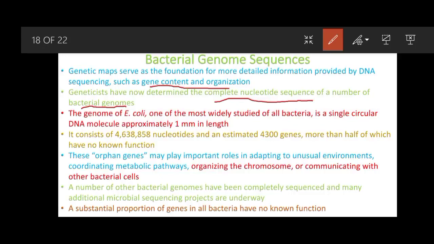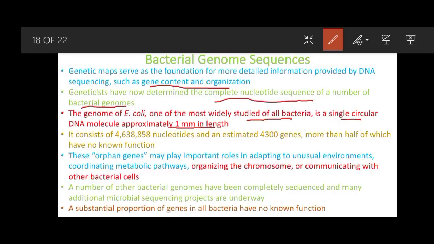The genome of E. coli is one of the most widely studied of all bacteria, and it is a single circular chromosome, a single DNA molecule, approximately 1 millimeter in length.